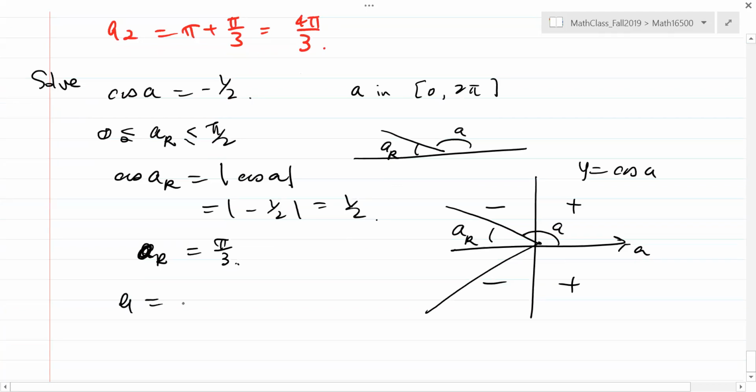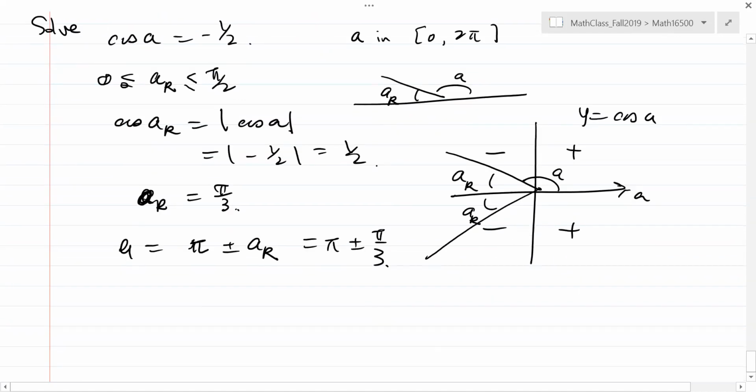That's why A equals pi plus or minus the reference angle. So it's pi plus or minus pi over 3. You have two angles, so you get the same result.